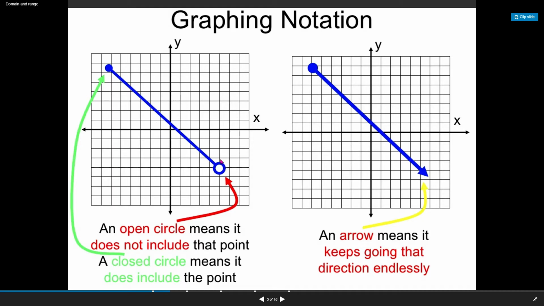Now, this also means if you have two finite positions here, like two dots, that means our line's going to exist between these two dots here. Now, if you see, like in this case, an arrow pointing down, we know that this dot is included, and this arrow means that it's going to keep on going to infinity. It'll keep going down, down, down, to infinity, or beyond.